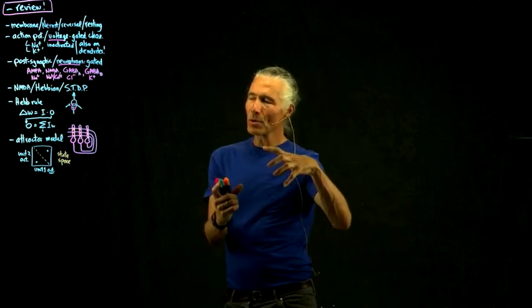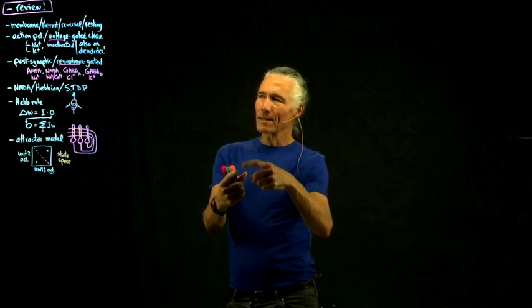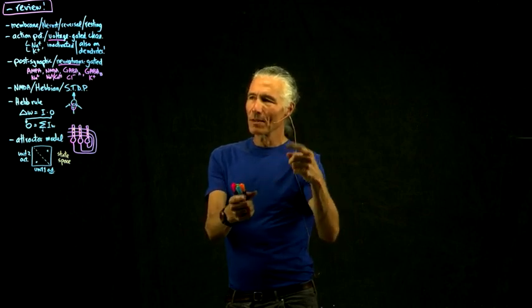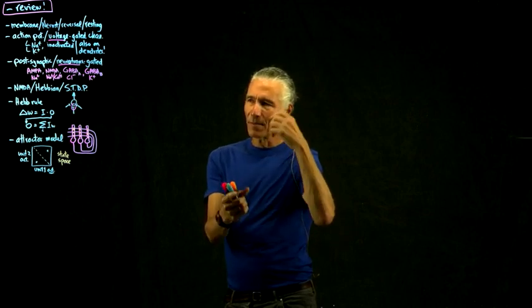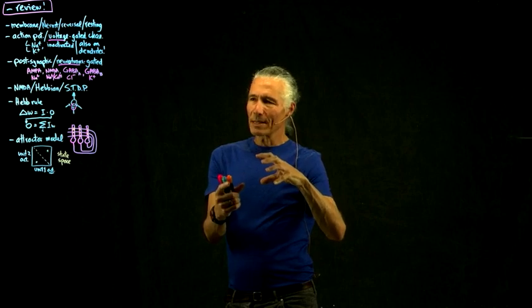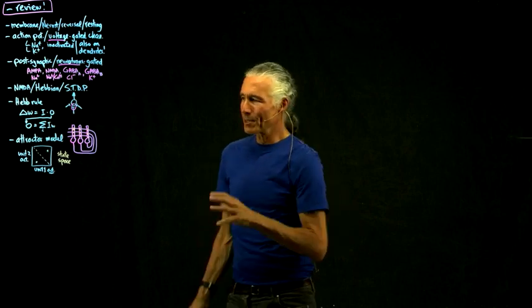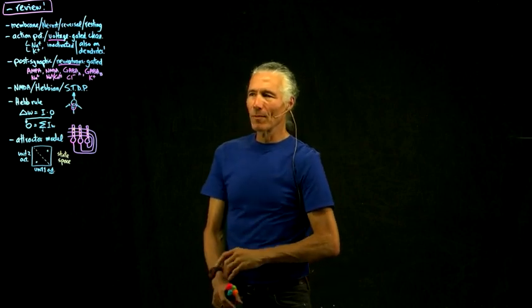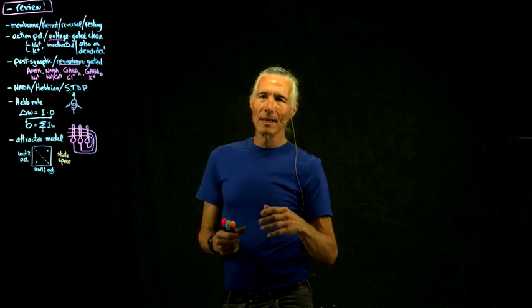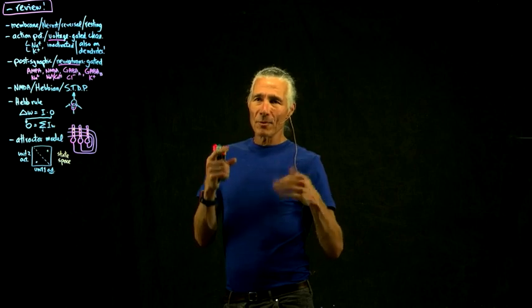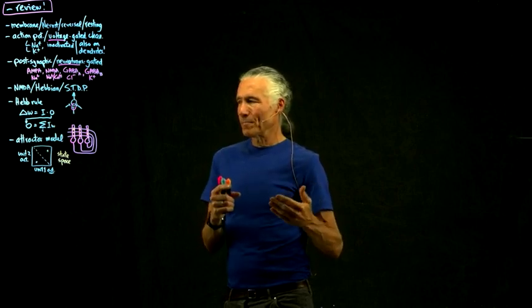If you have 2 units, the state space is a plane, because there could be all different kinds of activations of those 2 units. If you have 3 units, then you end up with a cube. If you have 4, well, then you end up with a hypercube, but you get the idea. So it's just a way of representing all the different possible unit activation patterns that could occur.